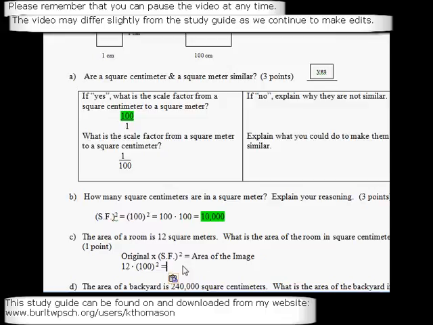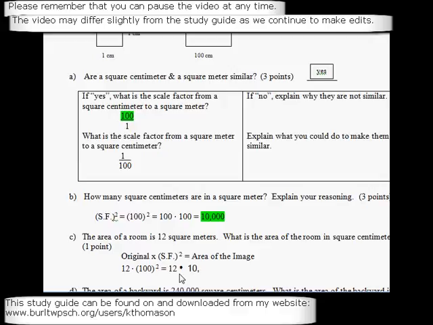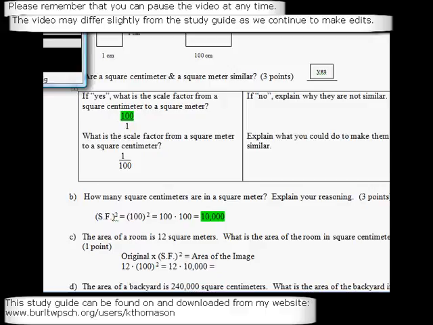So you could either type it in a calculator or write it out to see what it comes out to. So let's just write it back out. So that would be 12 times 100 squared, alright, 12 times 10,000 equals 120,000. 120,000 what?